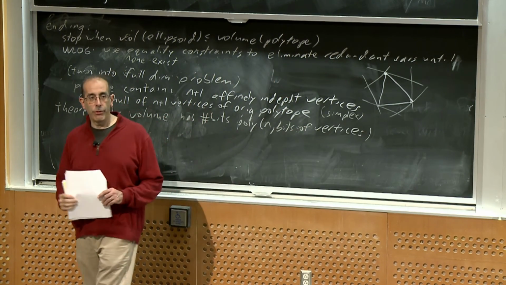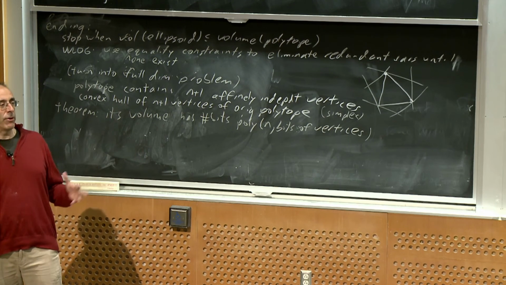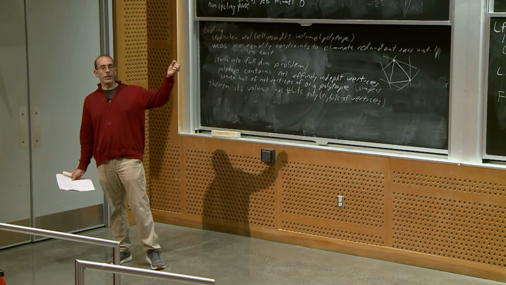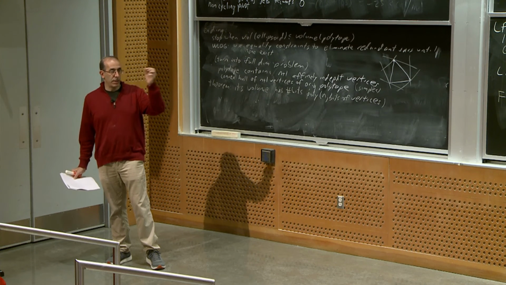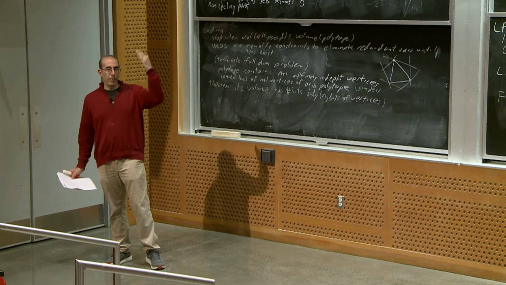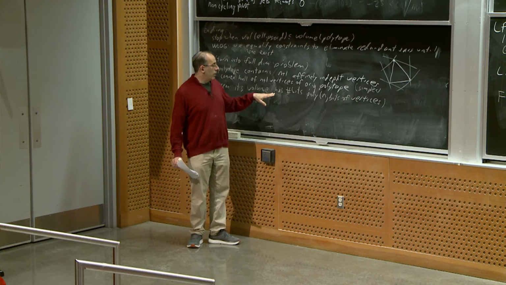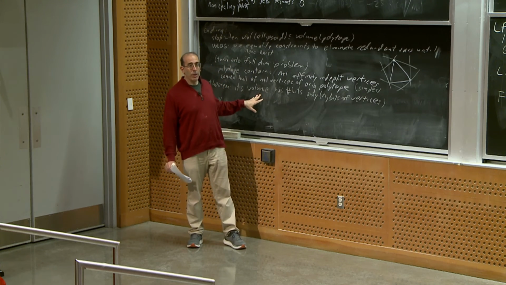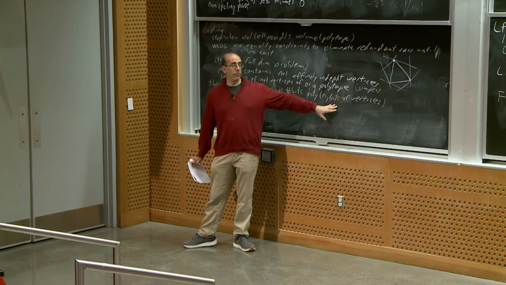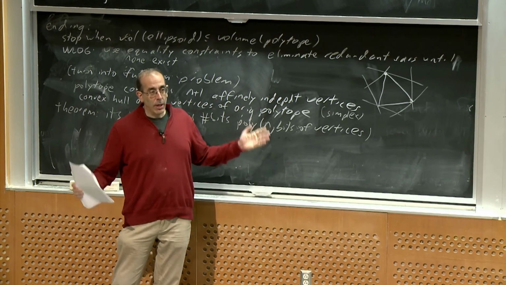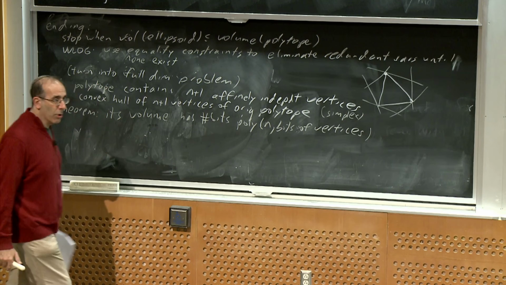Okay, so this is sort of a continuation of what we saw about vertices of a polytope, right? We said that the number of bits in the vertices of the polytope is polynomial in the number of bits in the defining constraints and the dimension of the problem. Similarly, you can prove that the number of bits you need to represent the volume is polynomial in the number of bits of the vertices that define the polytope. And so it's of the same order.